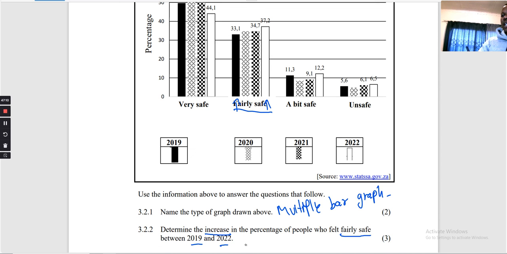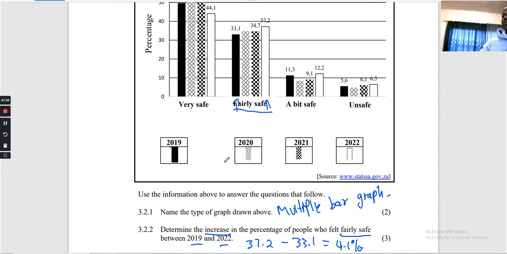Okay, so what are we going to do? We're just going to say 37,2. They want the difference, right? The increase actually. So we minus 31,1. So that is 37,2 minus 31,1. So the increase is 4,1%.